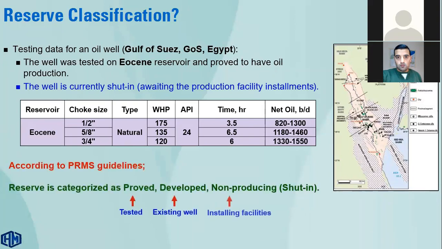Therefore, in this case, and according to PRMS guidelines, this result is classified as proved, because we have an actual formation test. Developed because we have a specific active well. Non-producing because the well is currently closed, waiting for the facility installation, and shut in because the perforation is currently shut in.